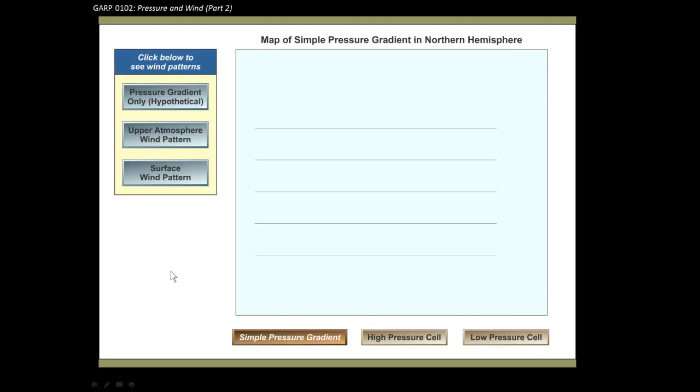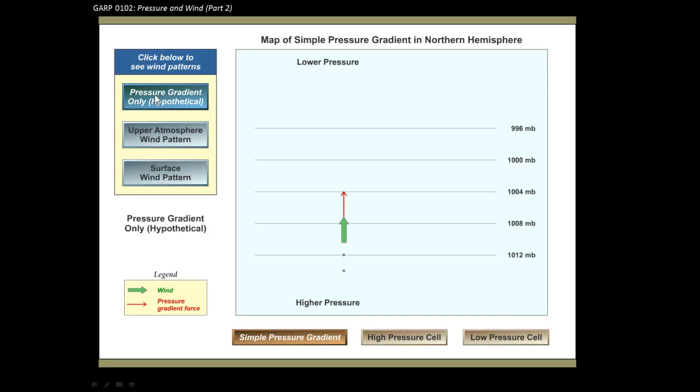And then here's your animation. We looked at this before. This would be the situation, hypothetically speaking, if the Earth were not rotating. Here we have a situation where all we have is a pressure gradient, and the wind blows straight down the pressure gradient from high pressure to low pressure. There's only one force, because there's no Coriolis force. There is no deflection.